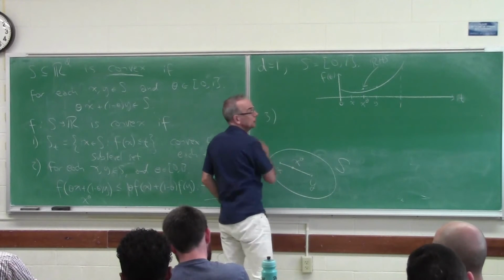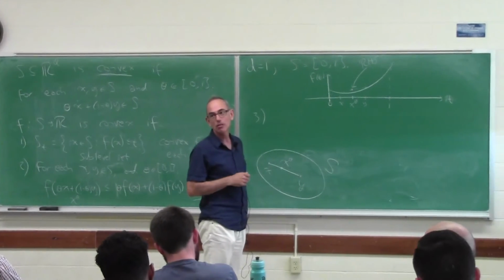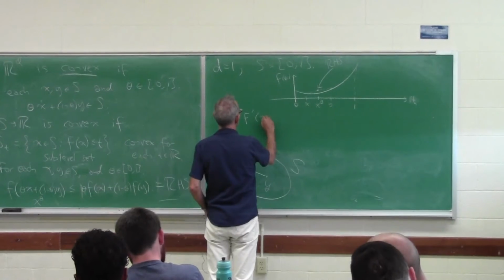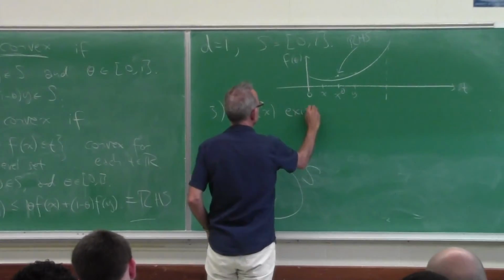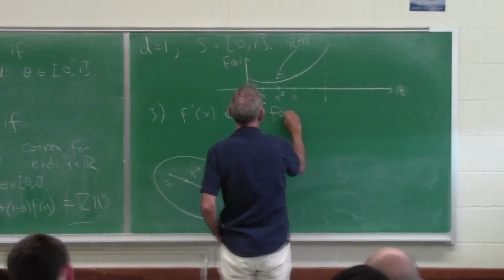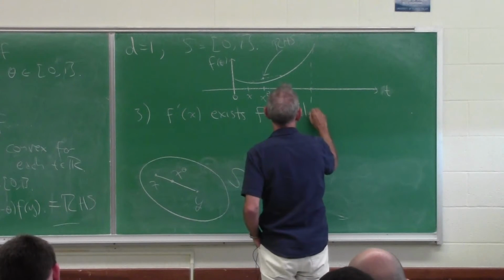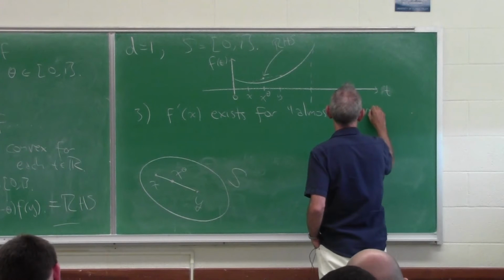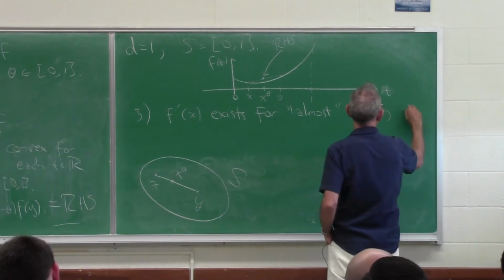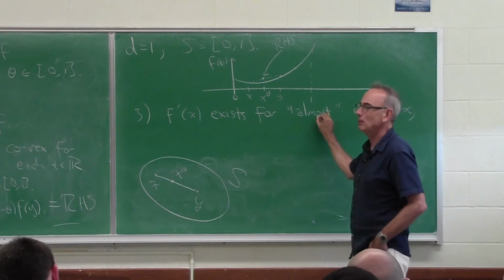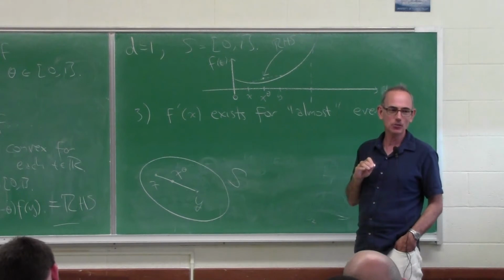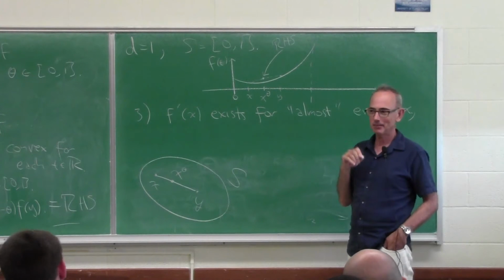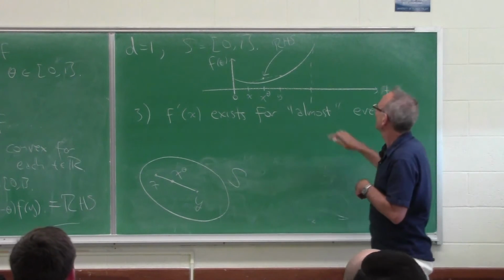There's a third definition, that the derivative is increasing. And I want to explain what I mean by almost, but for a convex function, its derivative exists for almost every x. So there can be corners.